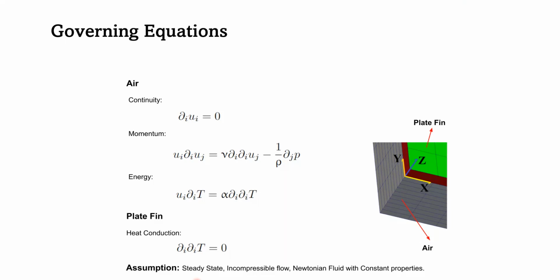So the continuity equation in its simplified form is ∂i ui = 0. We have dropped the gravity effects in the momentum equation, and it becomes ui ∂i uj equal to the dynamic viscosity times ∂i ∂i uj minus 1 over rho times ∂j of the pressure term.